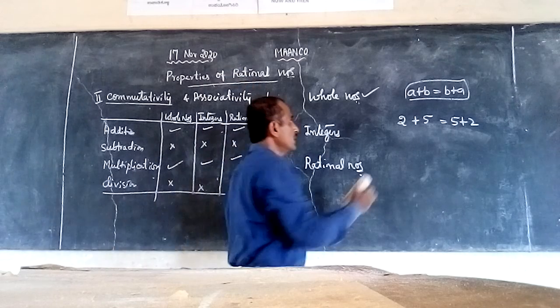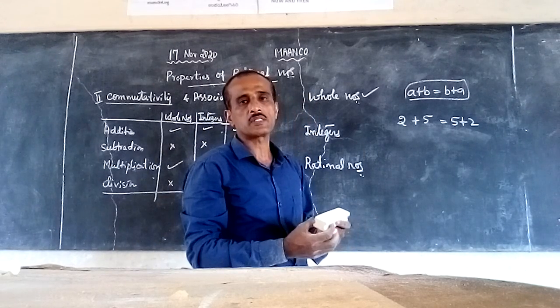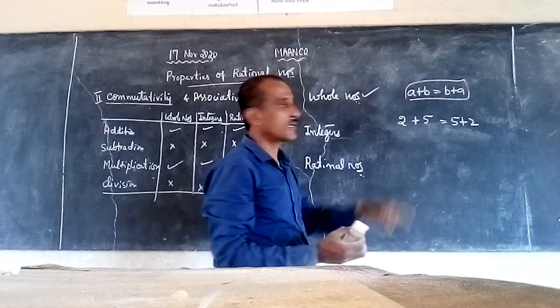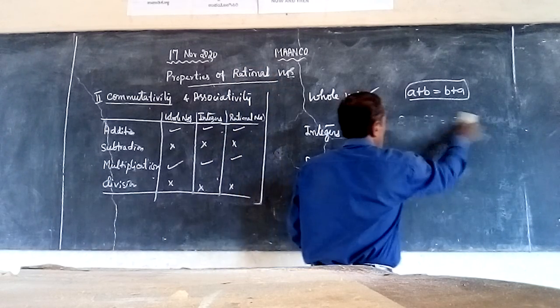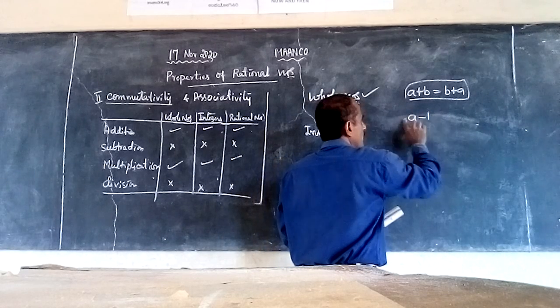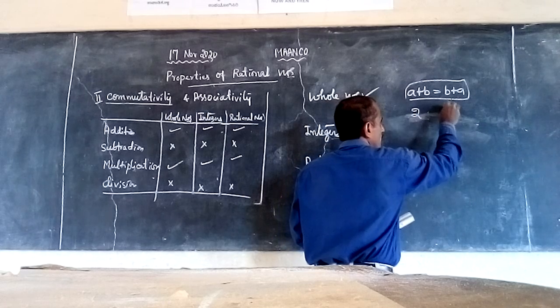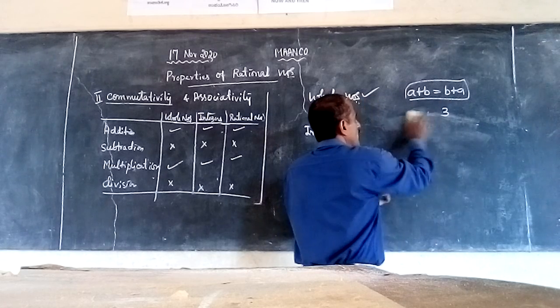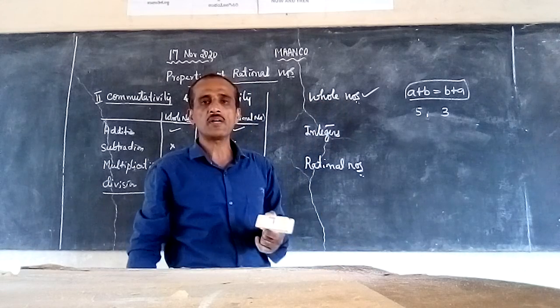Now let us take subtraction. Whether subtraction is commutative for whole numbers or not. Let us take two numbers, a and b, as 5 and 3.